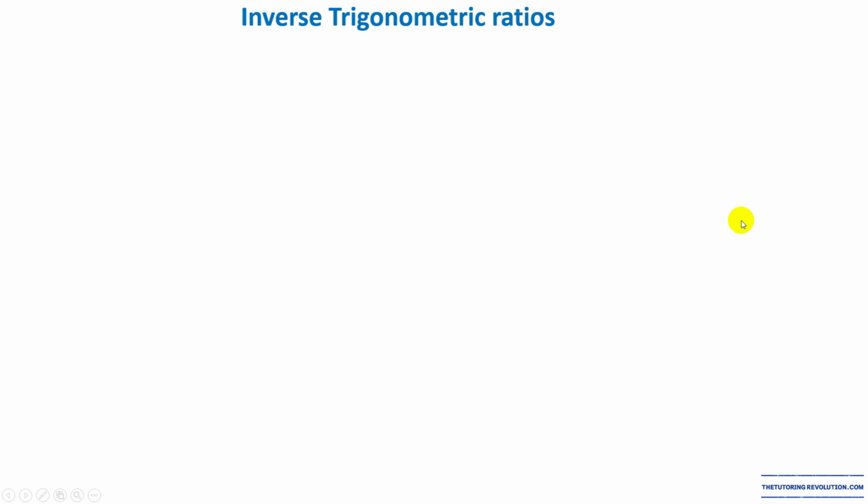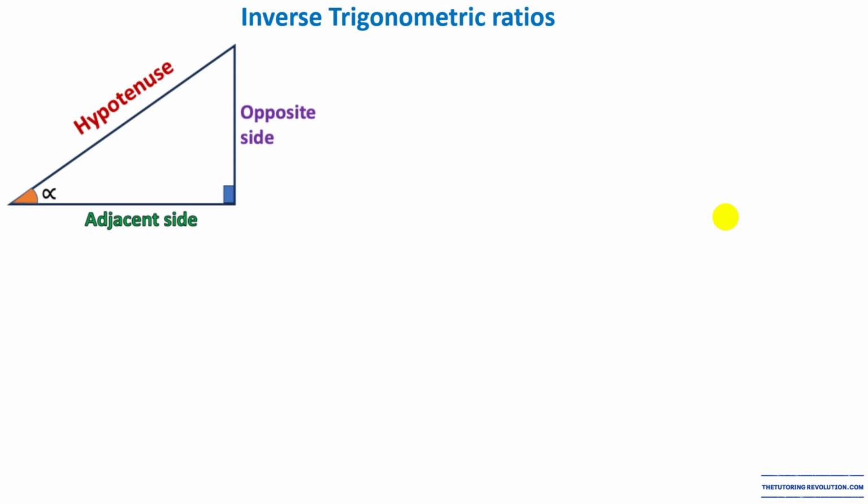To illustrate the inverse trigonometric ratios, first we will review some basic concepts we learned in the previous lesson called trigonometric ratios. Here we have a right triangle. The opposite to the 90-degree angle is the hypotenuse. Alpha here will be our reference angle that determines which is the opposite side and which is the adjacent side.